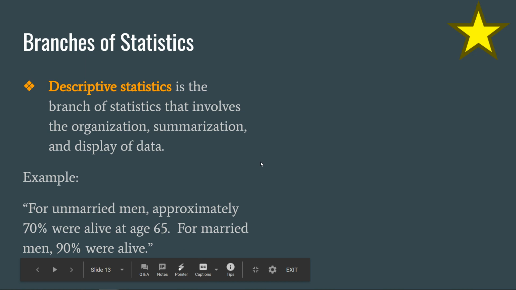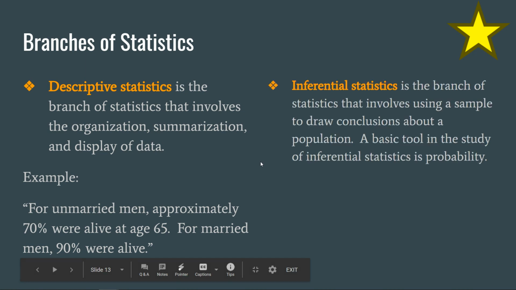So inferential statistics is a branch of statistics that involves using a sample to draw conclusions about the population. A basic tool in the study of inferential statistics is probability. It is a percentage of, okay?